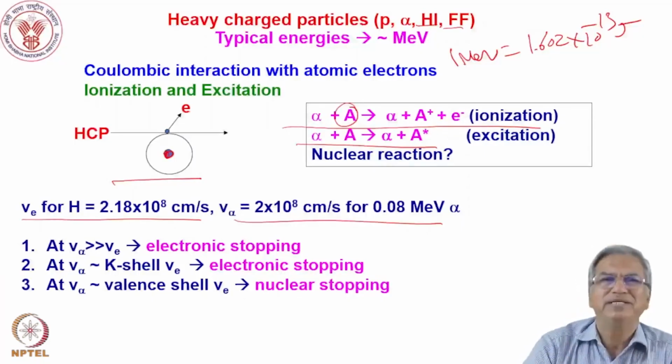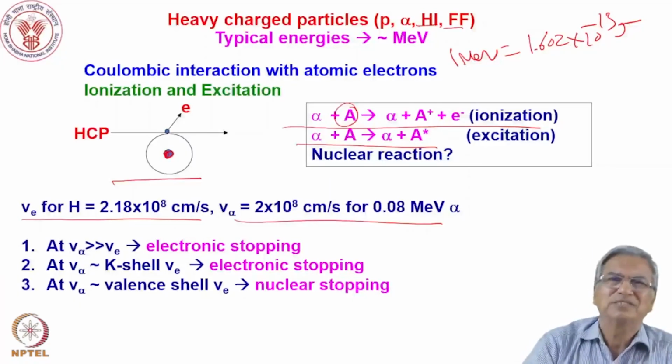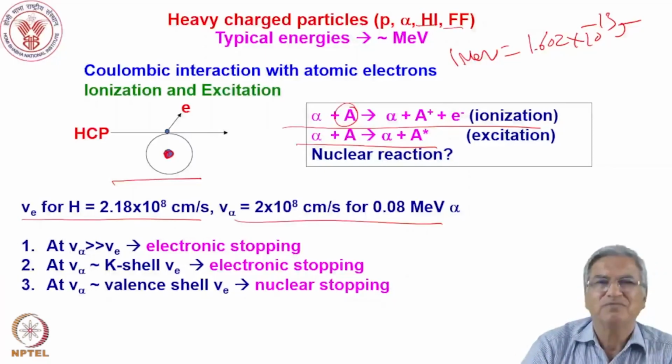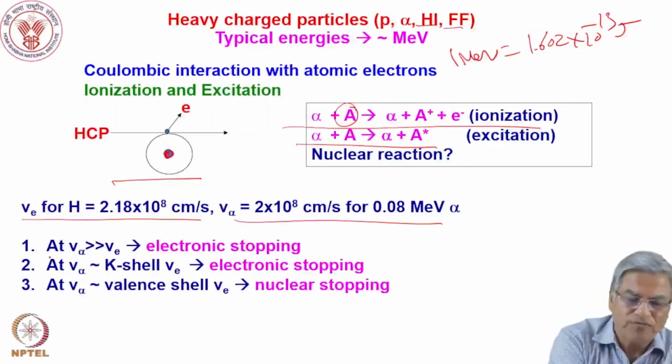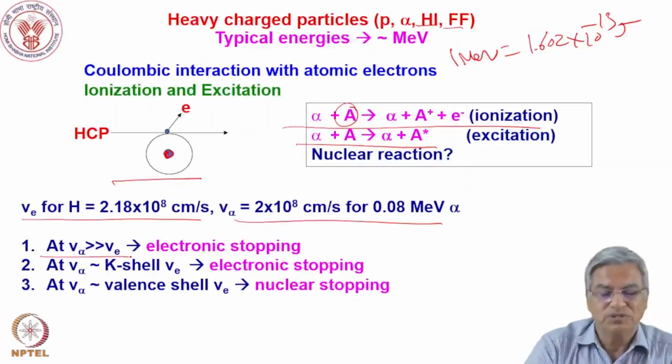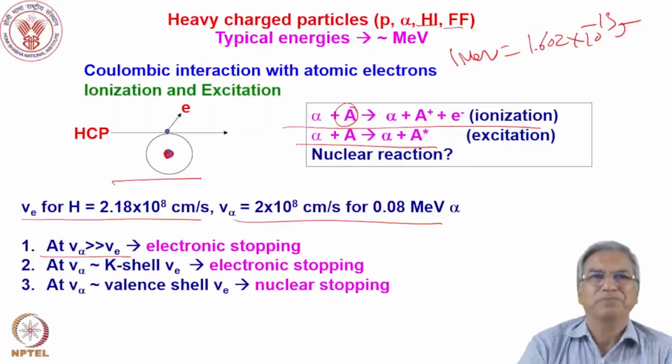So the alpha particle will keep on knocking out electrons from the atoms until its velocity becomes less than the velocity of electrons in the orbits. At velocities of alpha more than the velocity of electrons in the atomic orbitals, we call it electronic stopping, meaning interaction with electrons by ionization and excitation.